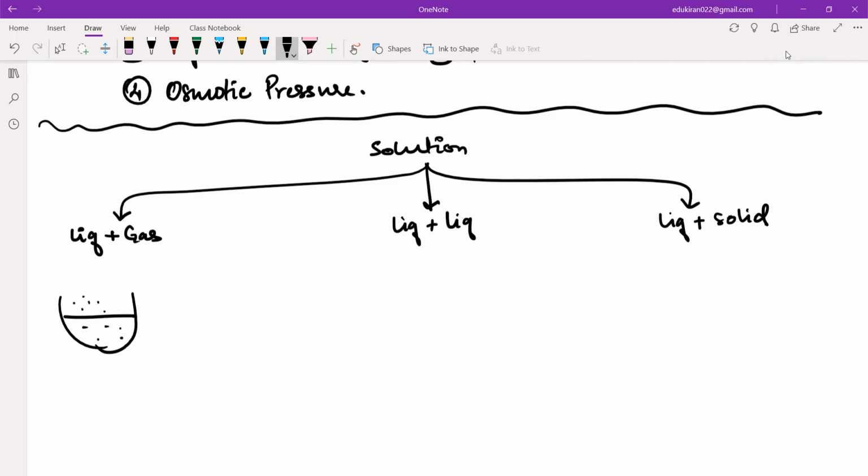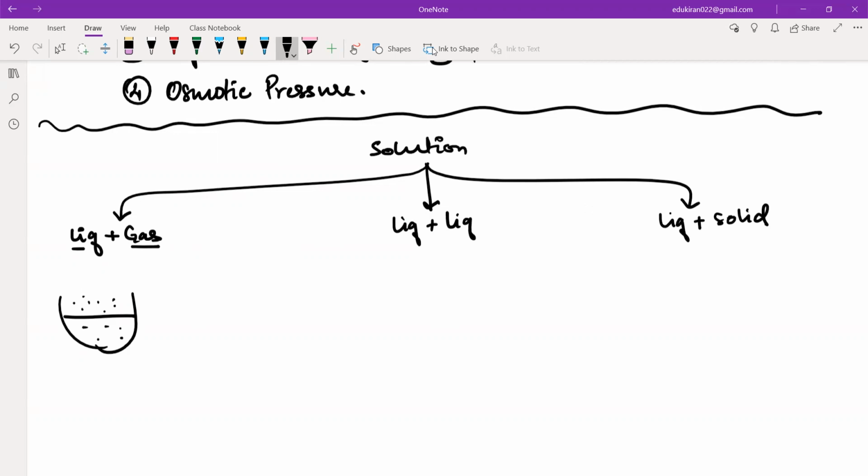If I compare the tendency to get vaporized, which can escape easily, liquid or gas? Gas will escape easily, right?